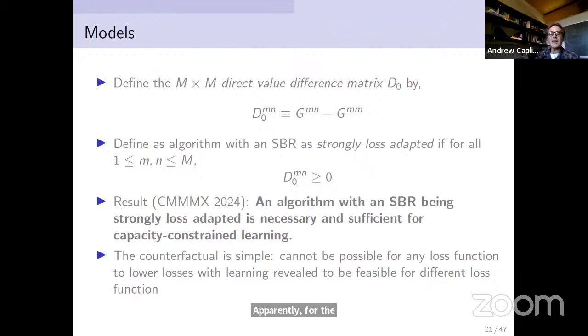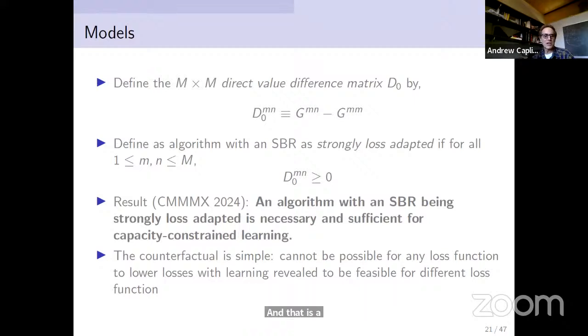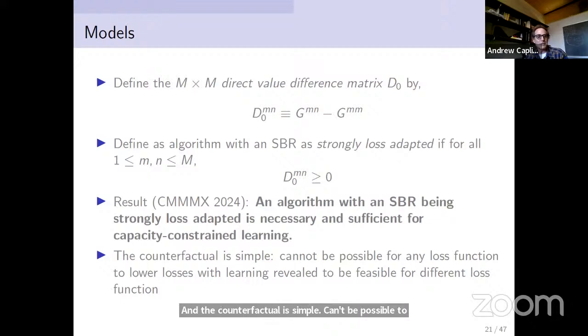So an algorithm is strongly loss adapted only if the entire matrix is greater than or equal to 0. And that is a necessary and sufficient condition, in fact, for capacity constrained learning. And the counterfactual is simple. It can't be possible to lower losses with learning revealed to be feasible for a different loss function.